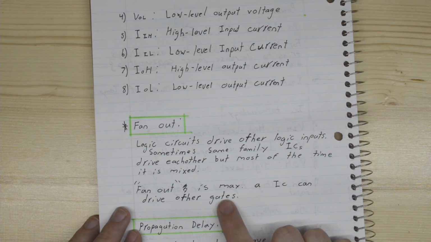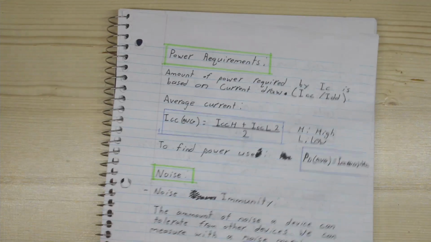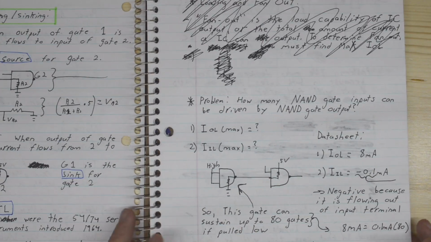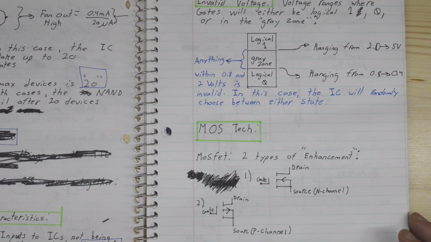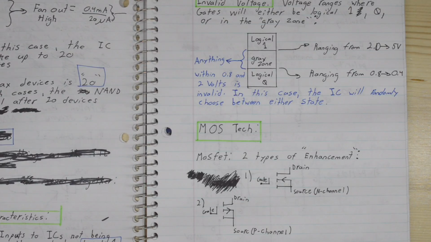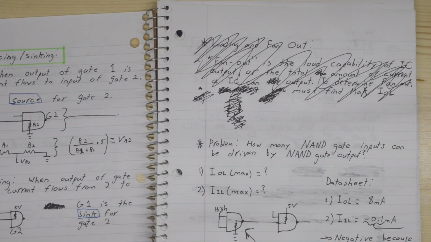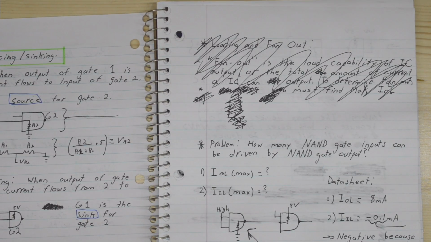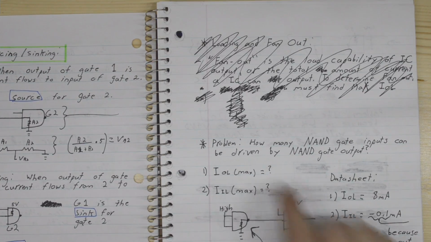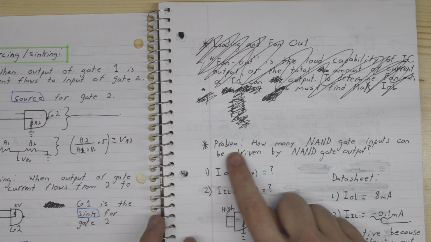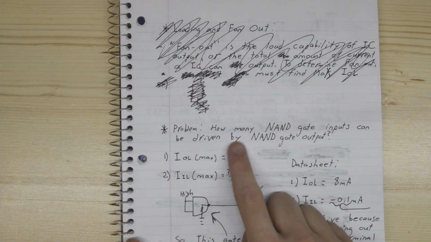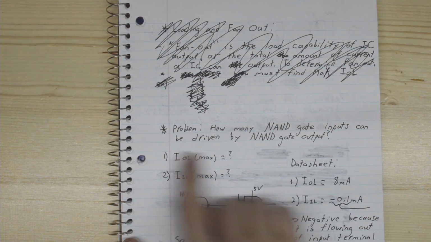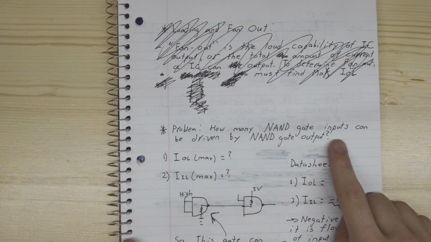So, if we continue, we get to finding problems with fan out. This is the problem for fan out. So, how many NAND gate inputs can be driven by NAND gate outputs?